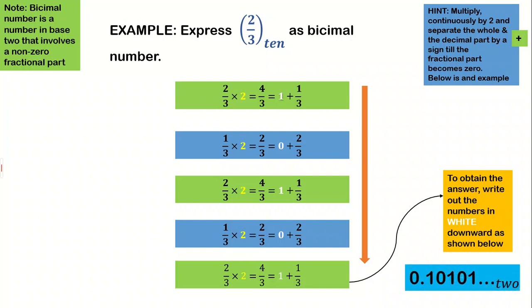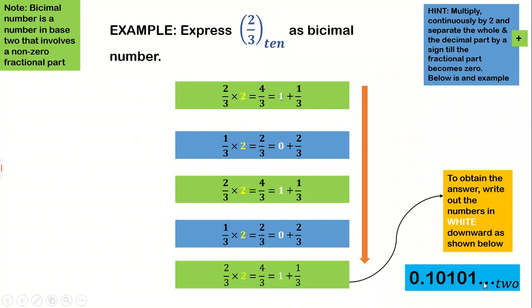Since the whole number aspect does not exist because you don't have a number before the point, that number is going to just be 0 point, okay? So the value you're giving here is just a fraction, meaning a number after the decimal point. So when you finish, you just put 0 point, the value you obtain, which is 10101 in base 2.